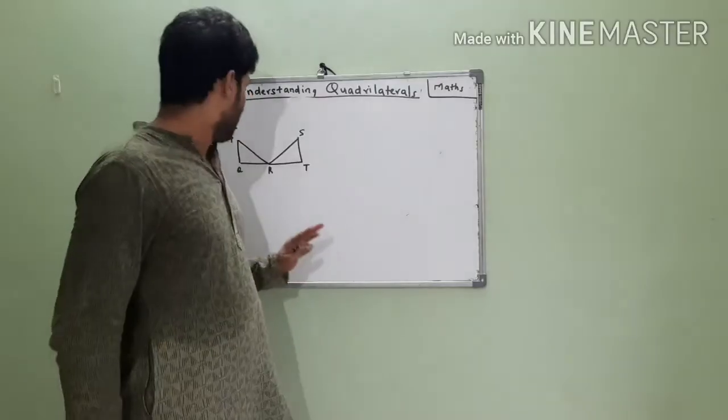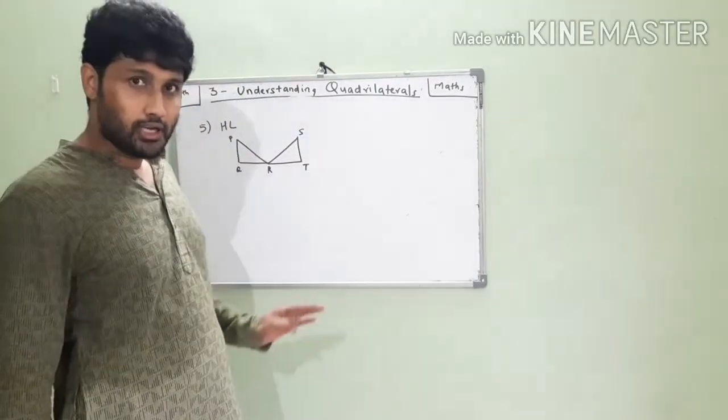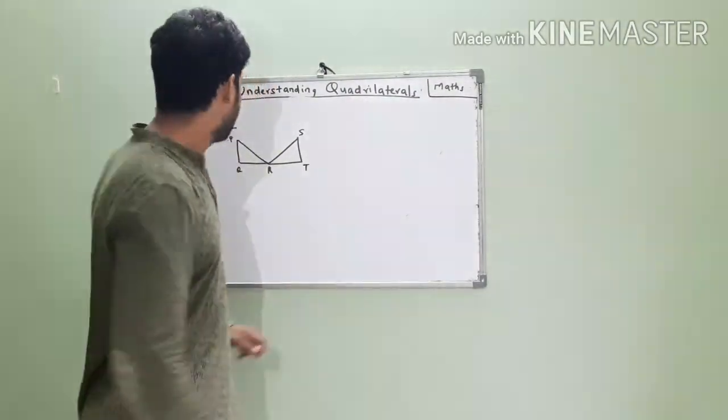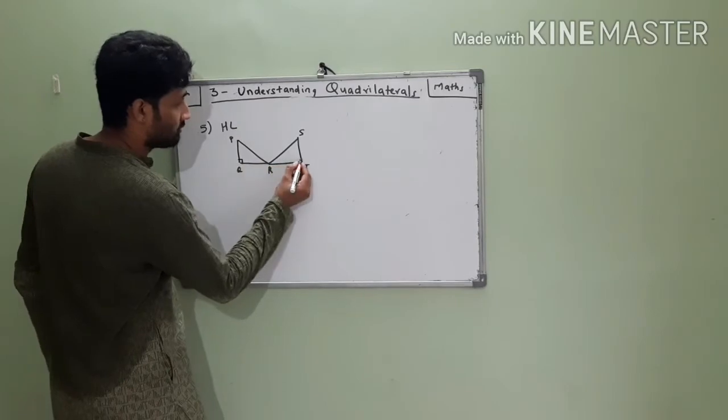We have one more. The last congruence theorem is the hypotenuse leg theorem. This is applicable only in the case of right angle triangles.